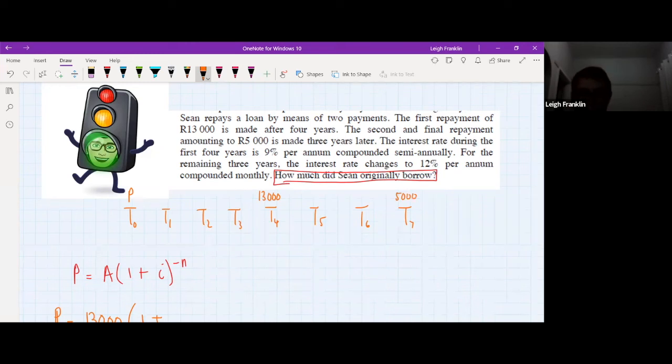The interest rate during the first 4 years is 9% per annum, compounded semi-annually, so divide by 2. For the remaining 3 years, the interest rate changes to 12% per annum, compounded monthly.